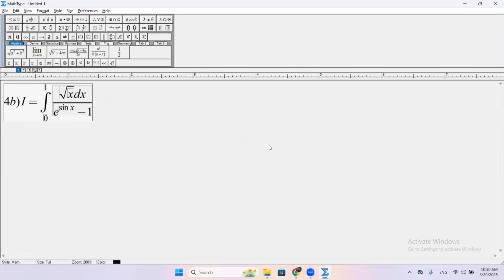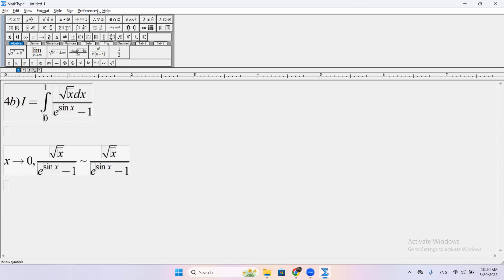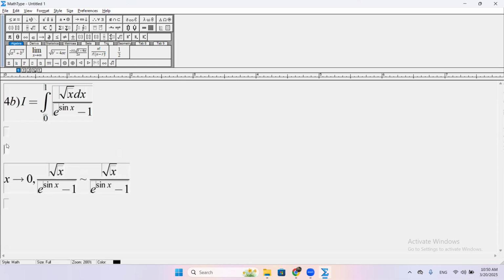And now, what will we do here? Let's use a chain of infinitesimal equivalent functions. Let's remember it from limits. Let's write down that x equals 0 is a singularity point.